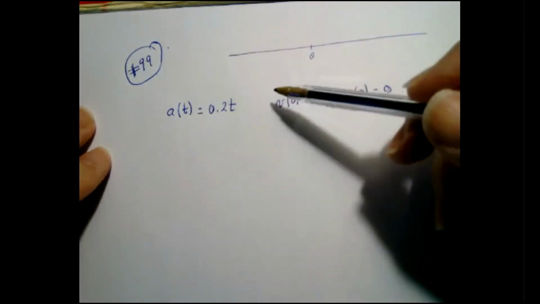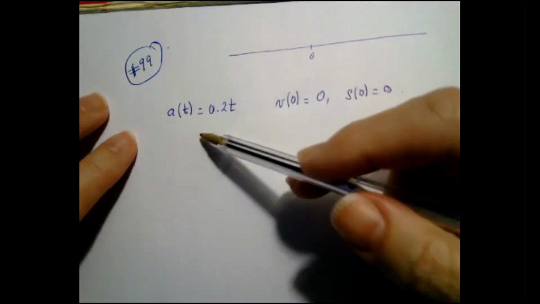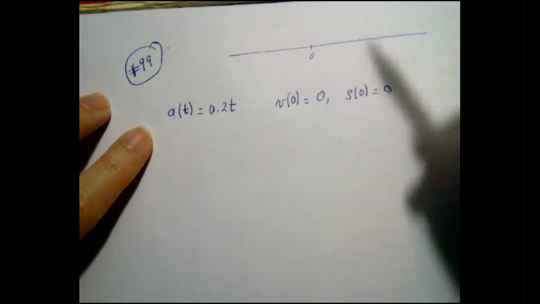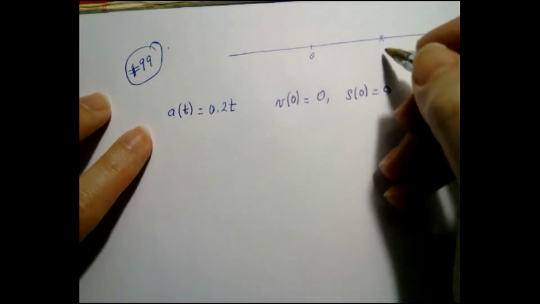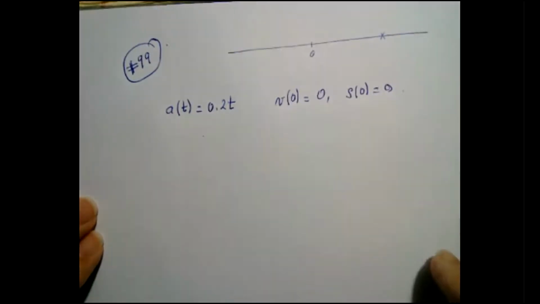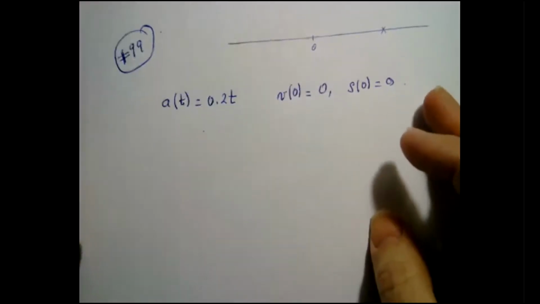So we know how fast the velocity is changing, and we have to find exactly where the object is, the position of the object at every time t. So it's basically what we did yesterday, but with a certain physical meaning attached to it.